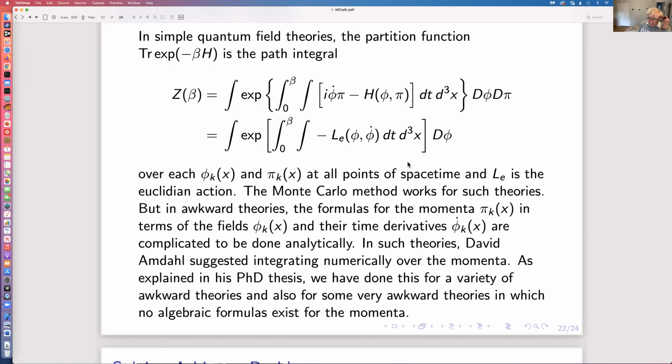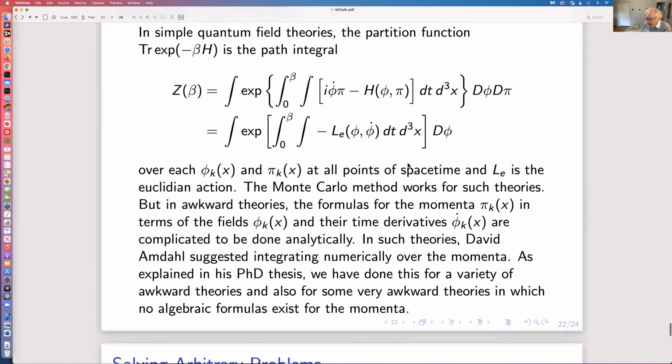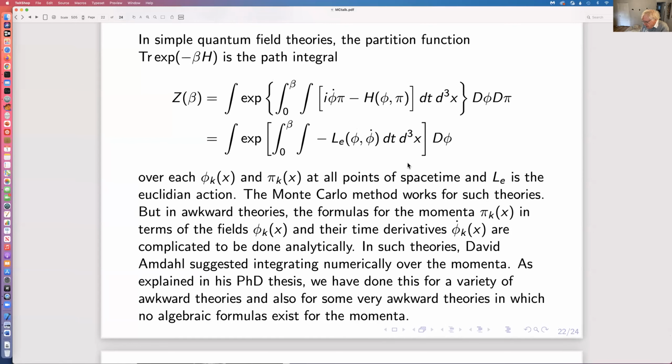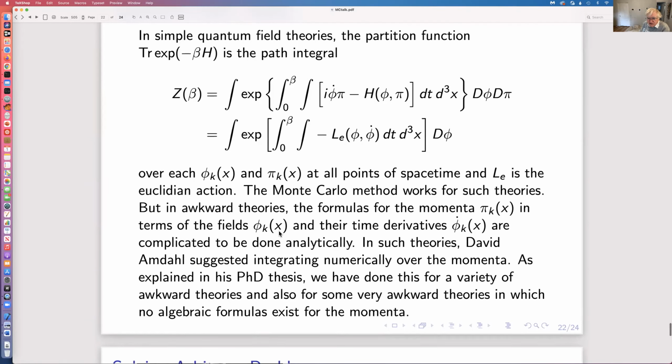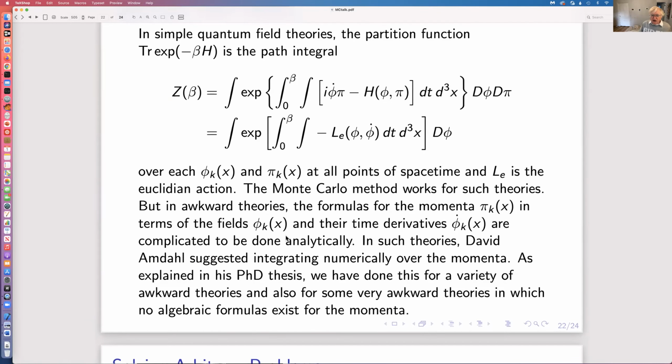On the other hand, there are some theories that are awkward, and these awkward theories are ones in which the formulas for the momentum or the momenta in terms of the fields and their time derivatives are too complicated to be done analytically.